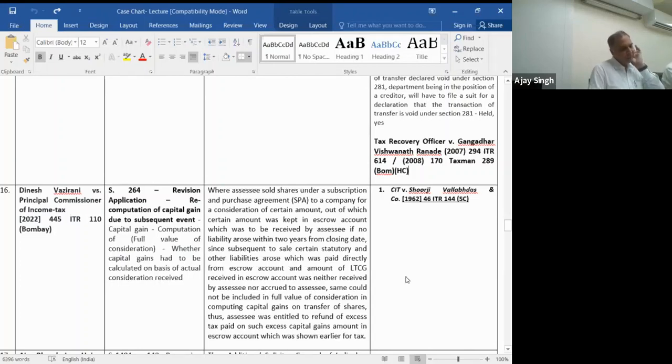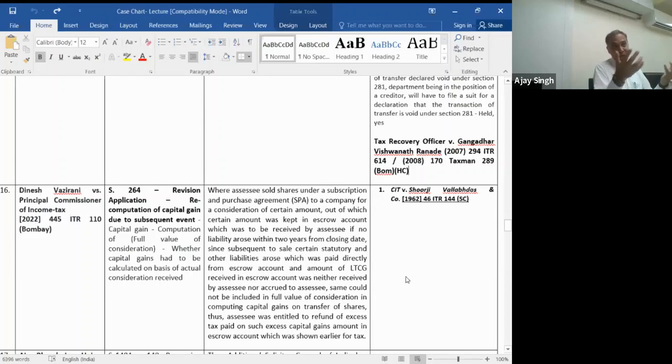Now, the concept of subsequent event, I first saw this in one of the decisions, 286 ITR Shushila Javeri, where the court looked into this aspect of the subsequent event. They said that the subsequent event is of such a nature that the original claim is required to be taken back, or it has never happened.